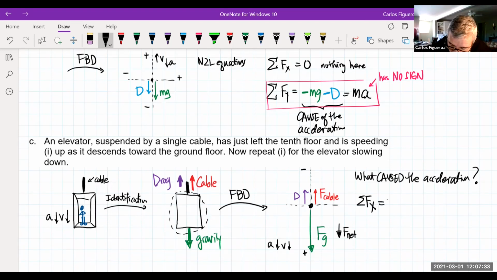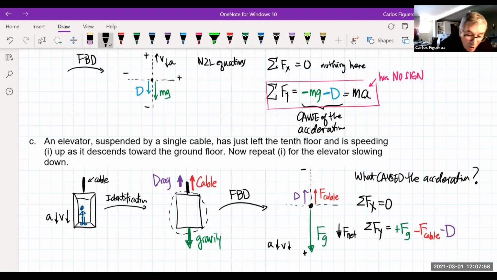Maybe I should write that the x direction is 0 since there's nothing there. The only way I can accelerate is that, look at the direction of gravity. It's in the positive direction, so I'm going to write positive FG. Look at the direction of the cable. It's in the negative direction. Look at the direction of the drag. It's in the negative direction.